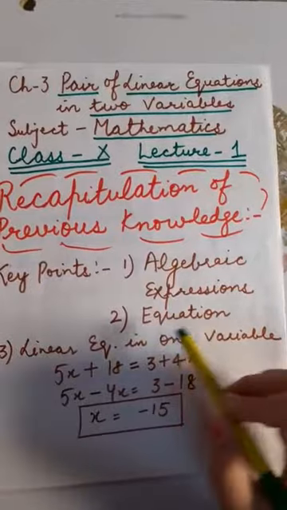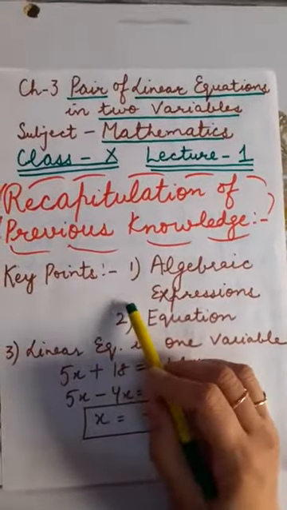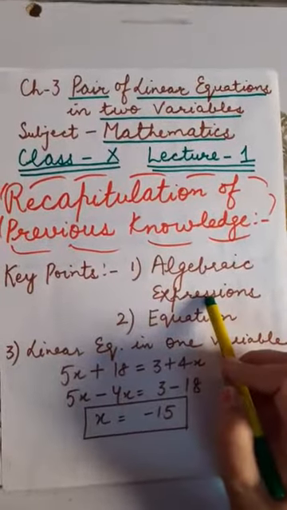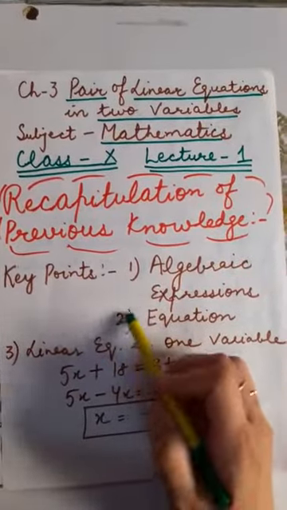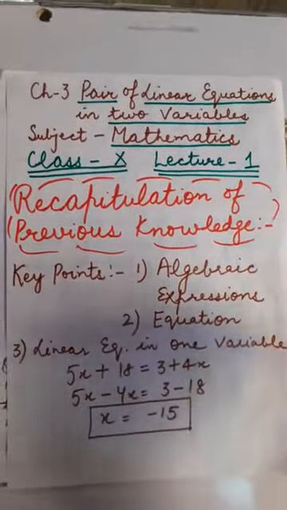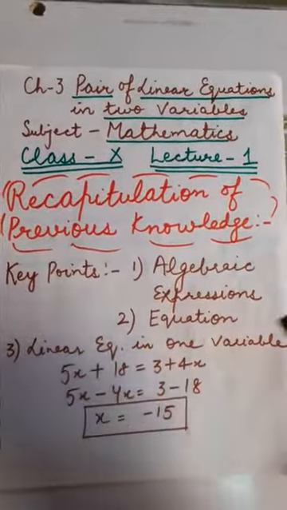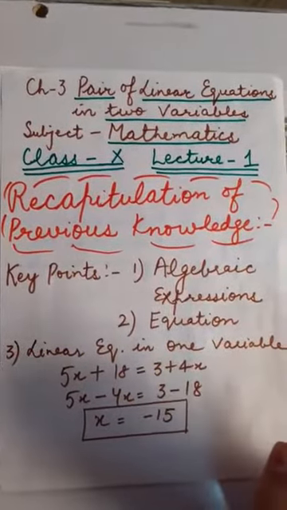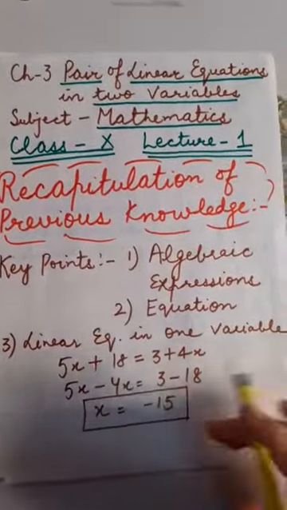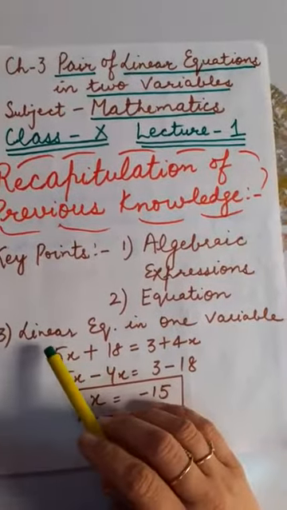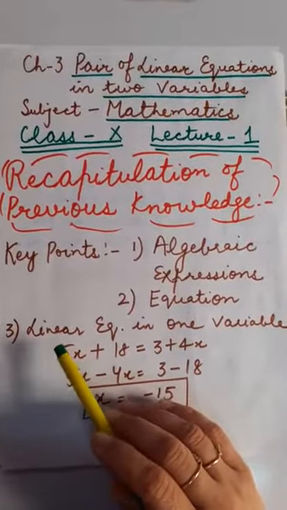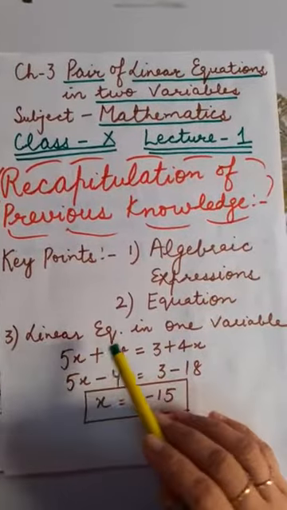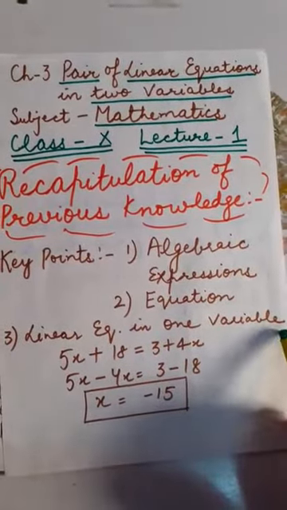For example, if I say 2x plus 3y is equal to 7, here one expression, 2x plus 3y, is on left hand side and only 7 is on right hand side. So this will form an equation. Fine. Now let us switch to the next concept of recalling, linear equation in one variable.